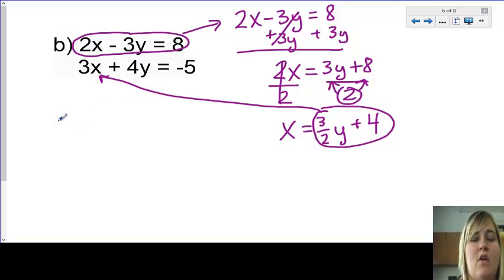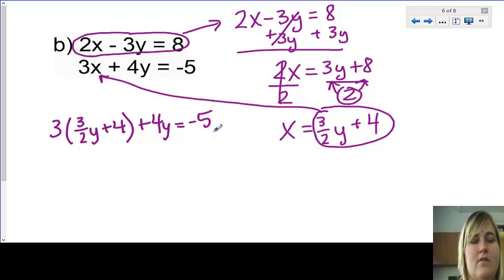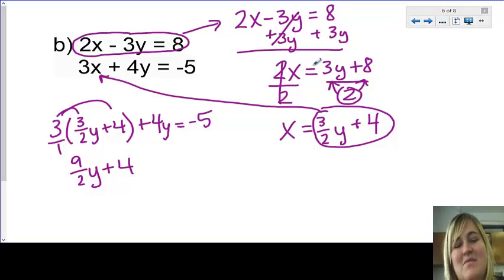So I have 3, instead of x, I'm going to put 3 over 2y plus 4, plus 4y equals a negative 5. And when I distribute my 3, this is a fraction, so I have 3 over 1. 3 over 1 times 3 over 2 gives me 9 over 2y plus, not 4, plus 12.